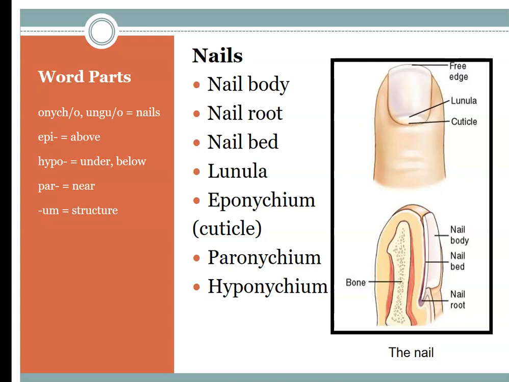The hyponychium is the skin distal to the nail bed, under the free edge of the nail plate. It is also referred to as the onychodermal band. Now when you look over at your word parts, you've got onycho or ungu is nails, epi is above, hypo equals under and below, par equals near, and -ium stands for structure.